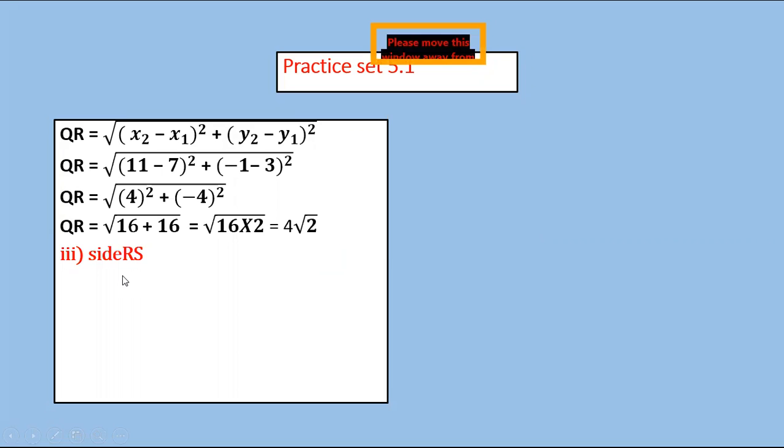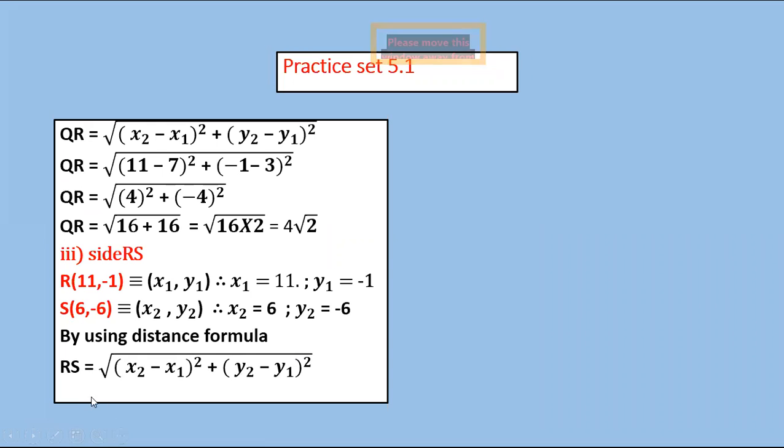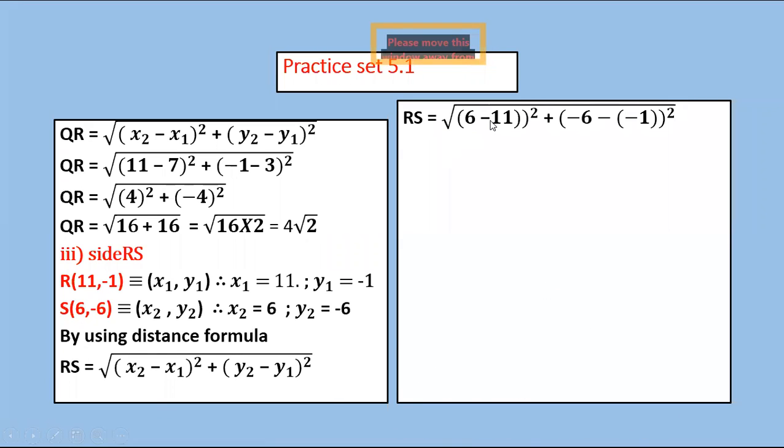Similarly, to find distance RS, or length of side RS. Point R(11, -1) is considered as x1, y1. Point S(6, -6) is considered as x2, y2. By using the distance formula, RS is equal to square root of (x2 - x1) square plus (y2 - y1) square. RS is equal to square root of (6 - 11) square plus (-6 - (-1)) square. 6 minus 11 is -5, square, plus (-6 + 1), which is -5, square.